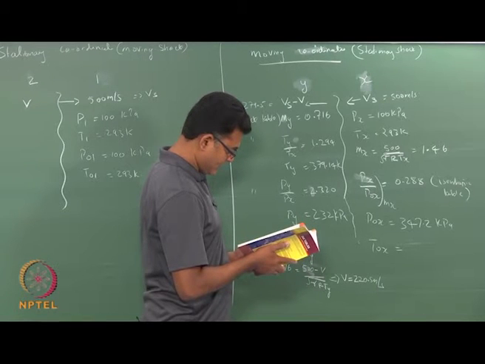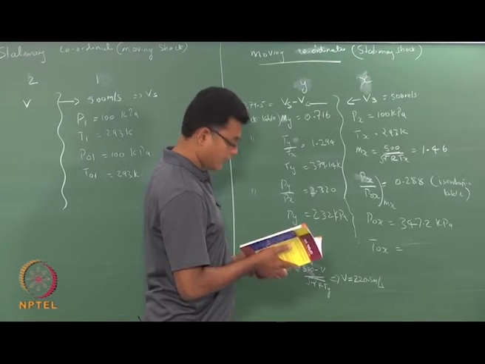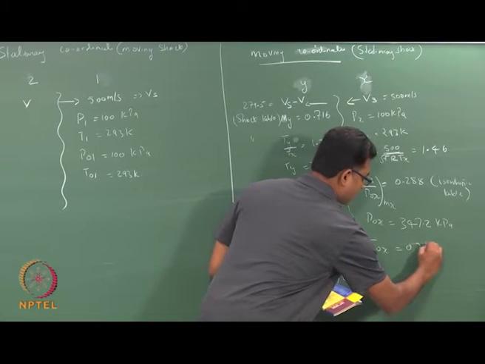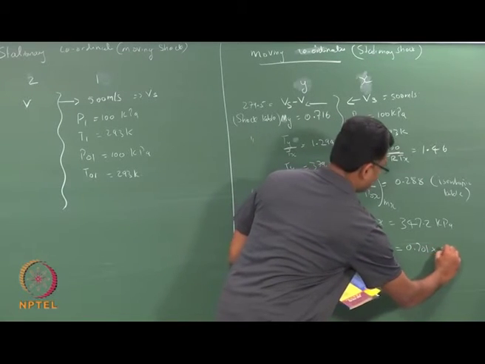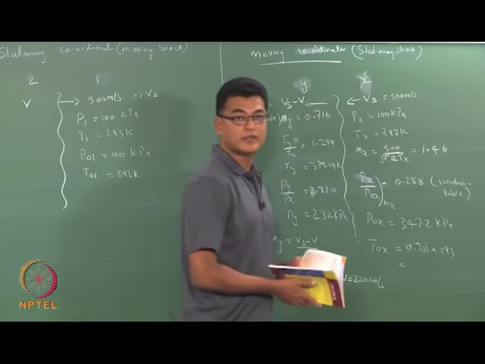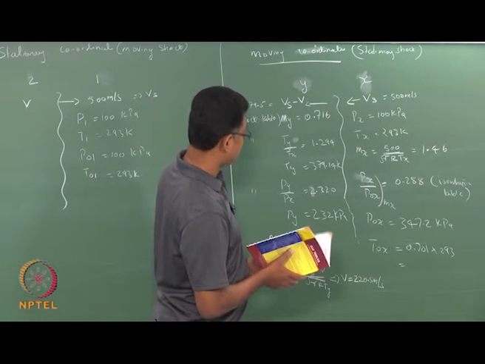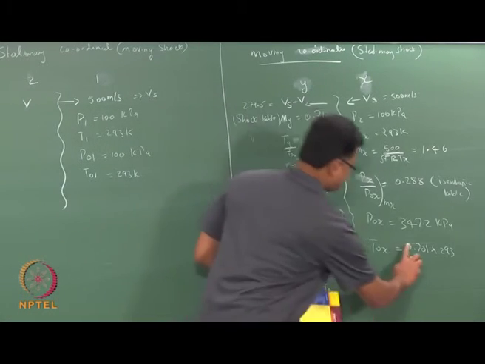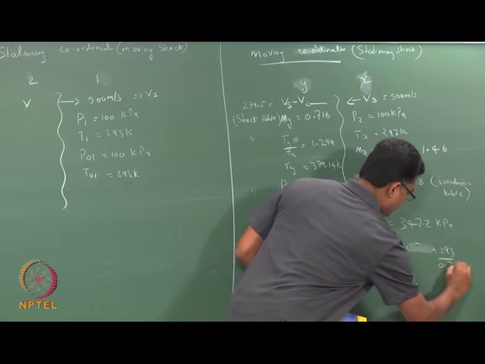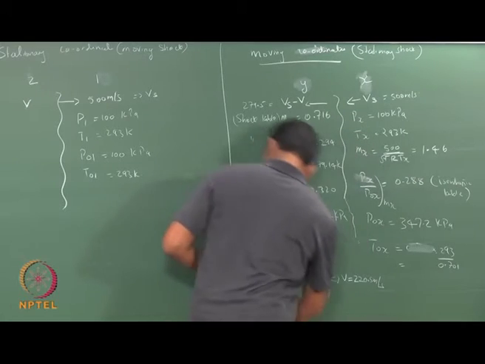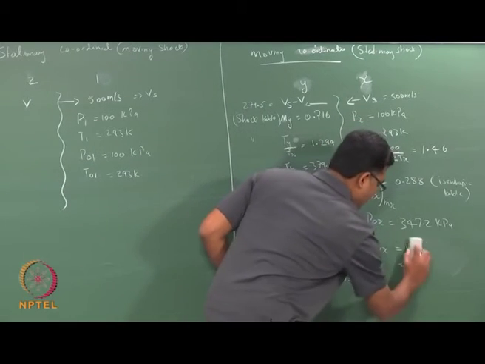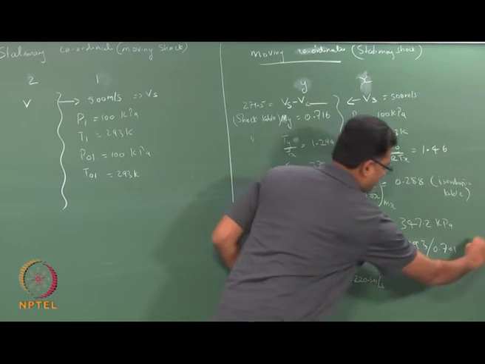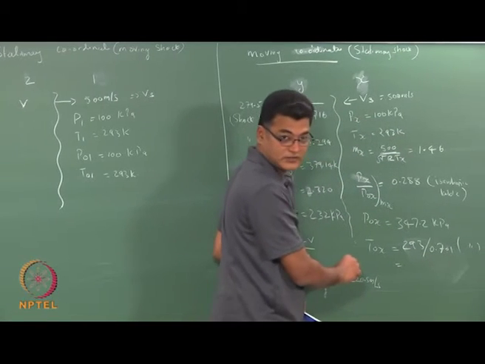Likewise, I can find my T0x from the ratio Tx by T0x, which is 0.70, again from isentropic tables.